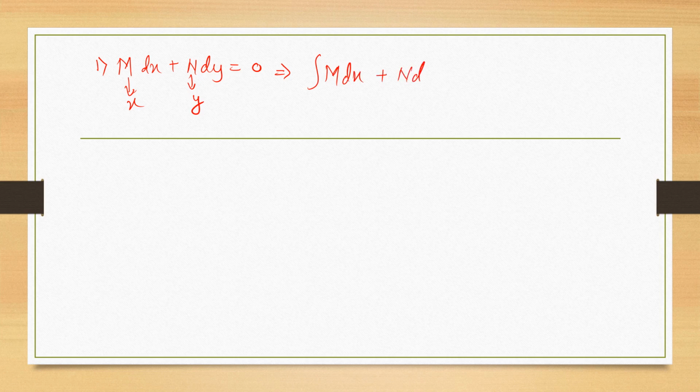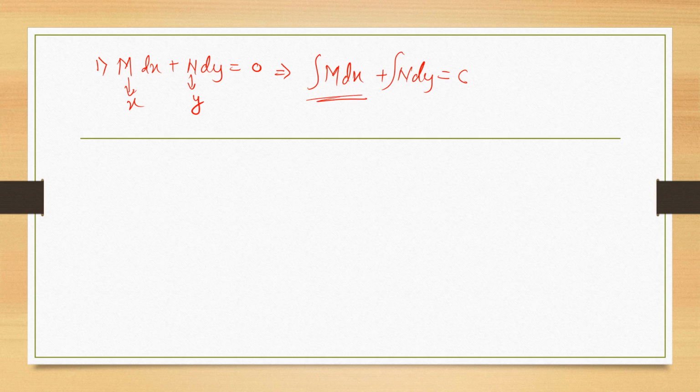In this video we have learned the variable separation method, that is, if we are provided with the equation M dx plus N dy equal to 0, where M is a function of x only and N is a function of y only, then simply integrating M dx plus N dy will give us the solution of the given differential equation.